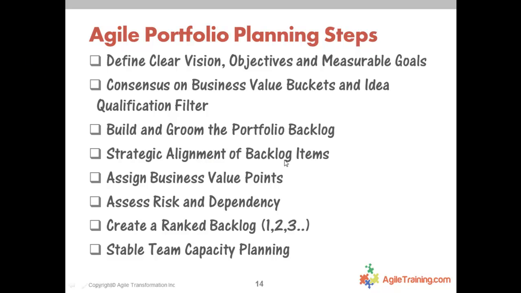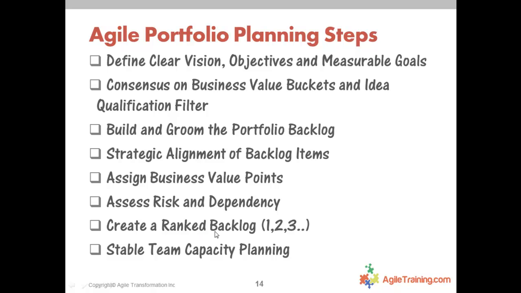Strategic alignment: taking these initiatives that have been broken down and aligning them with which one of our strategic objectives for this year they really align with. Giving them business value points, assessing risk and dependency, and then finally, an activity that we normally do in a day or two, create a ranked backlog.